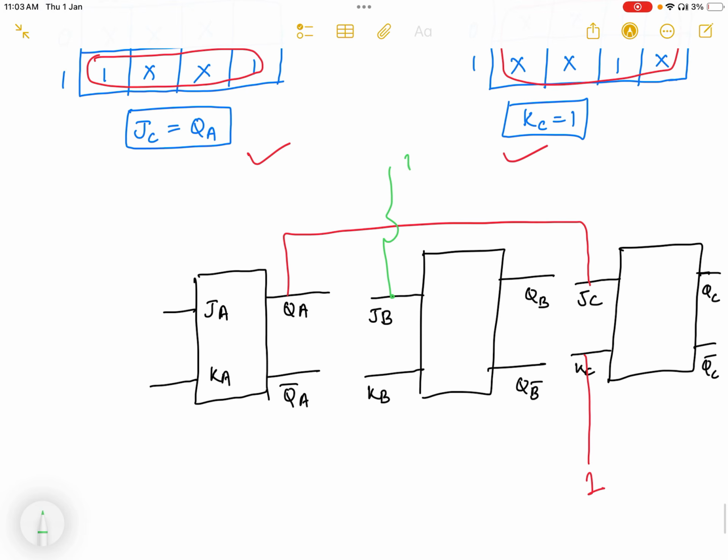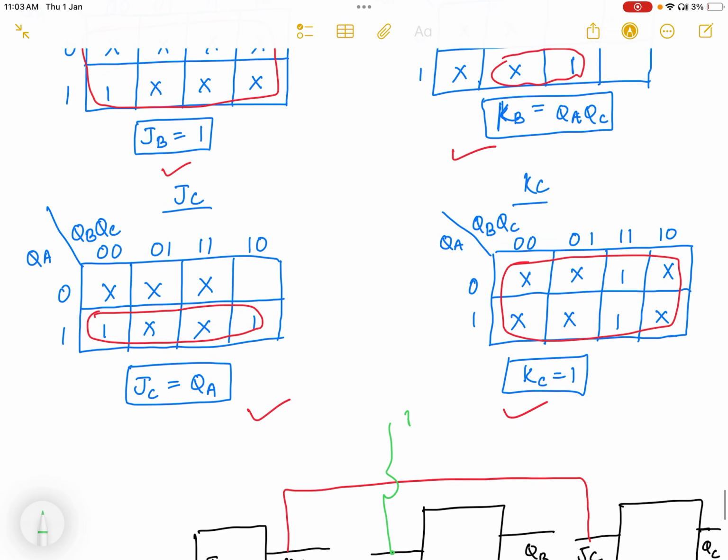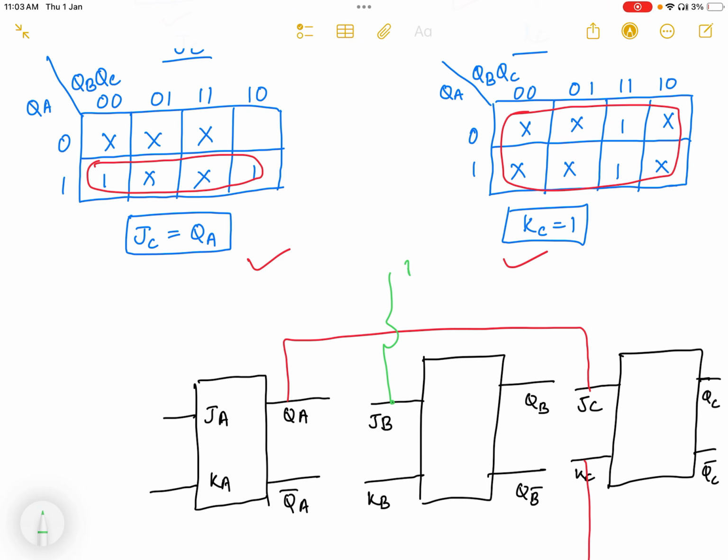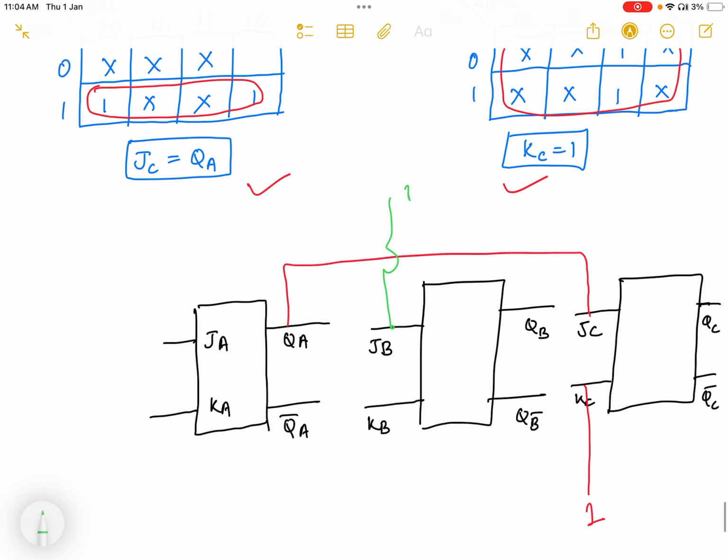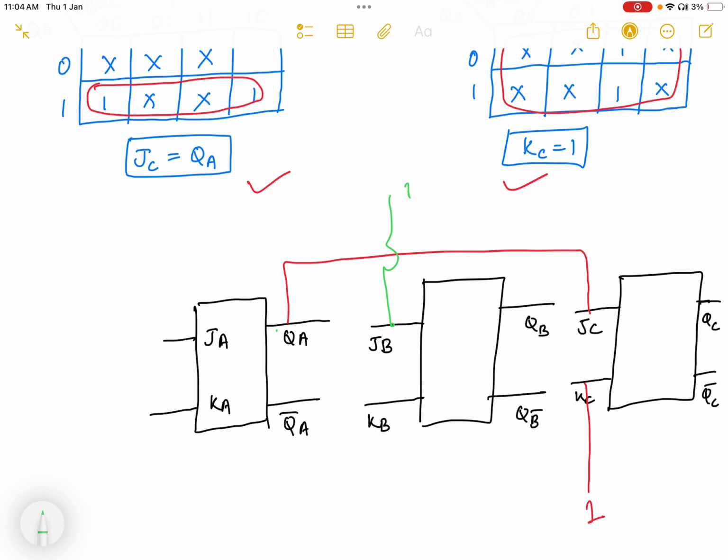KB equal to QA into QC, so I take two outputs, QA and QC, and connect them to an AND gate that is connected to KB.